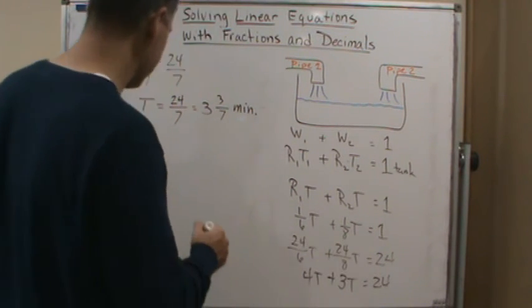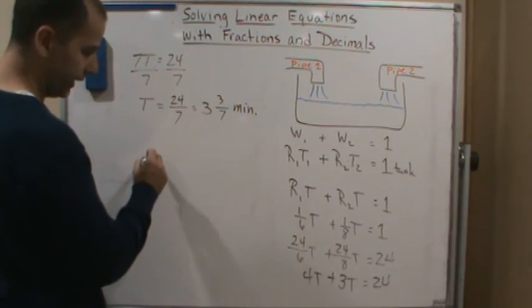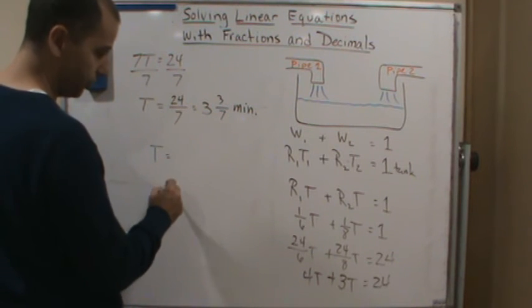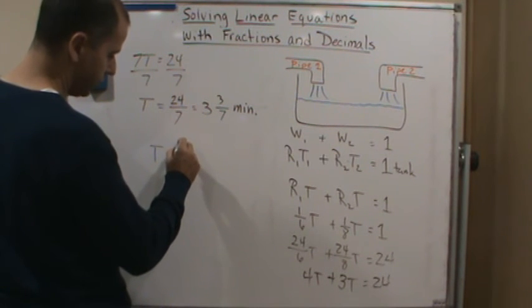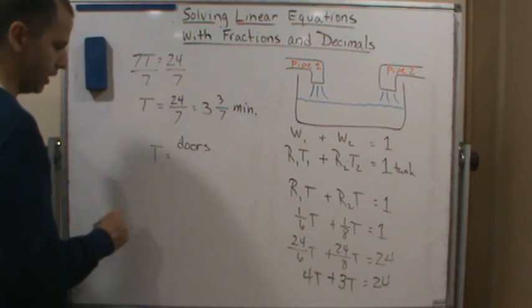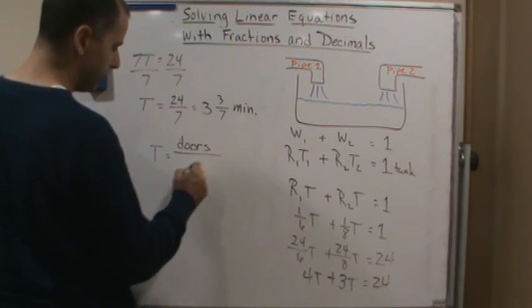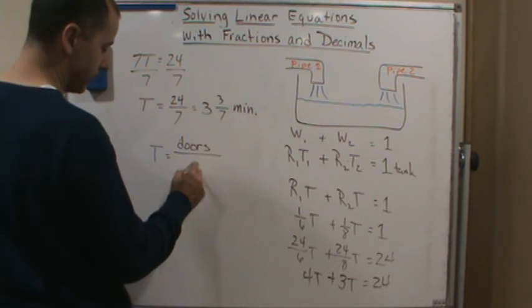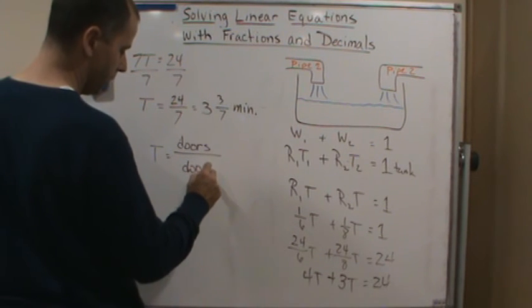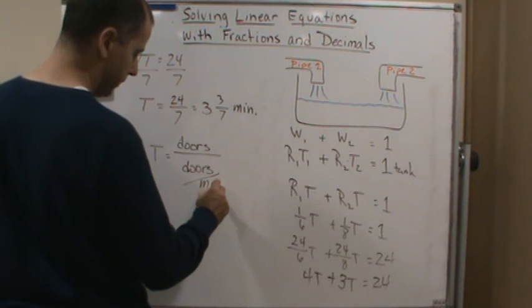So when we do the unit analysis, we get t equals the amount of tanks divided by the rate, which is tanks per minute.